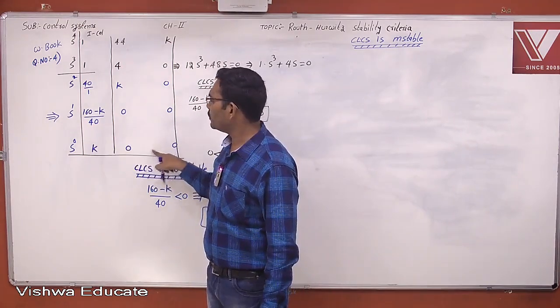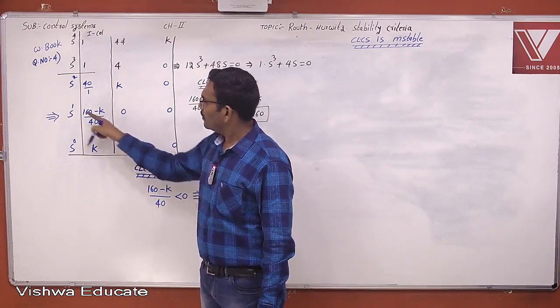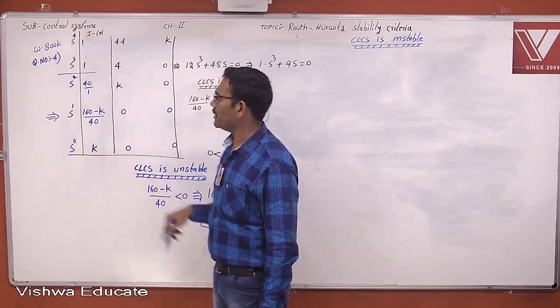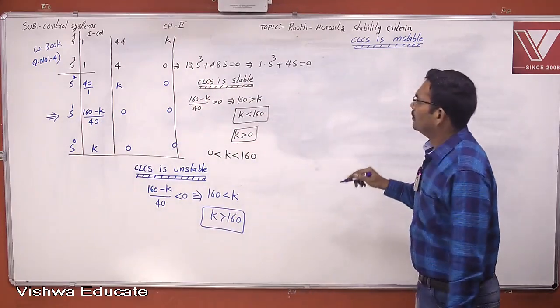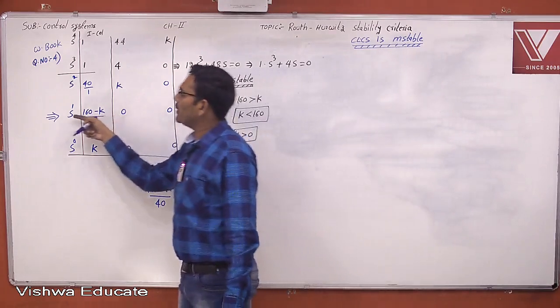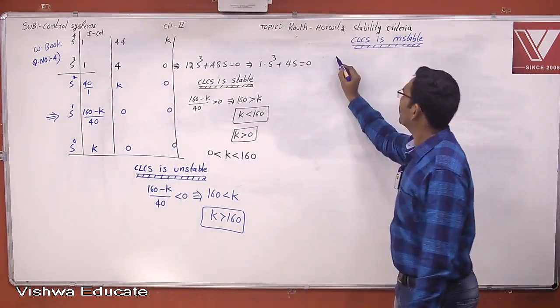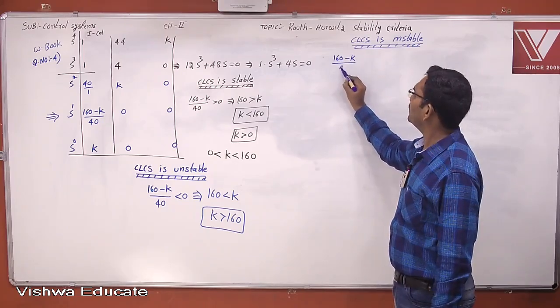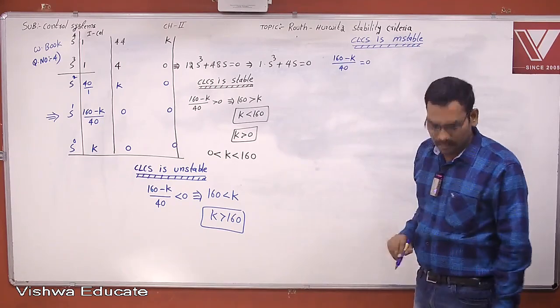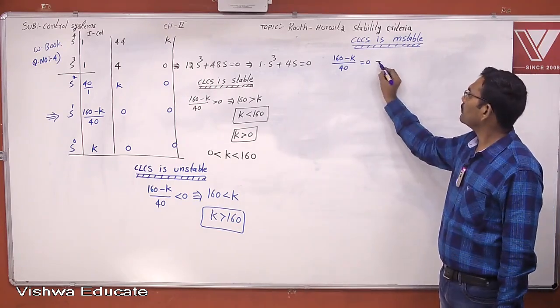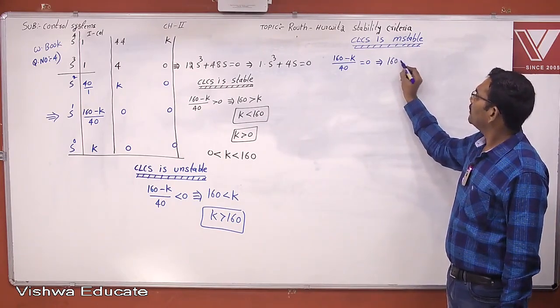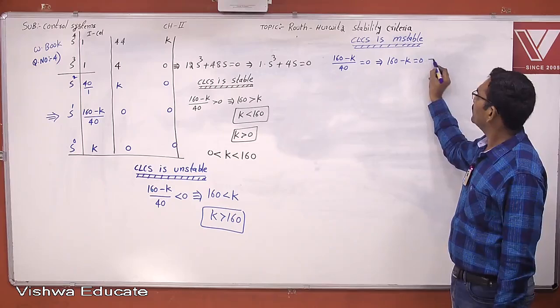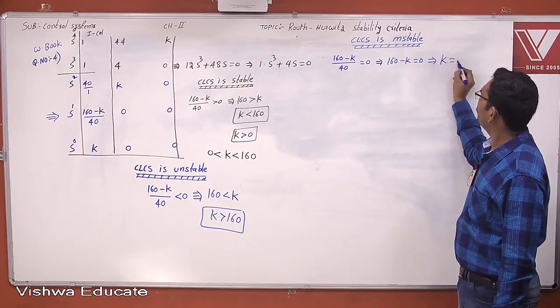If k equals 0, this row is 0, but the auxiliary equation is odd power, which is undesirable. So, I want to make this particular row 0 such that 160 minus k by 40 is equal to 0, such that 160 minus k equal to 0. Therefore, k equal to 160.